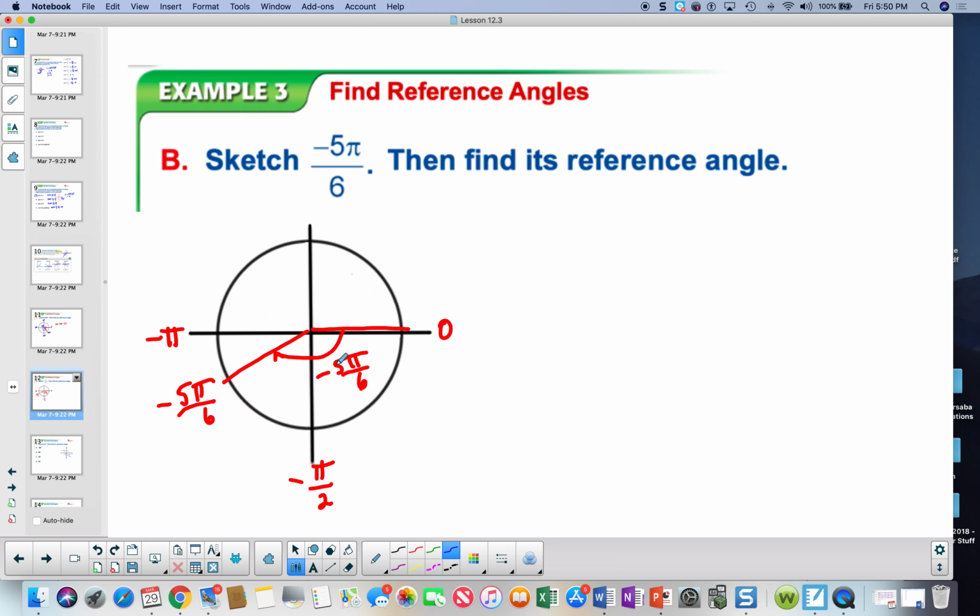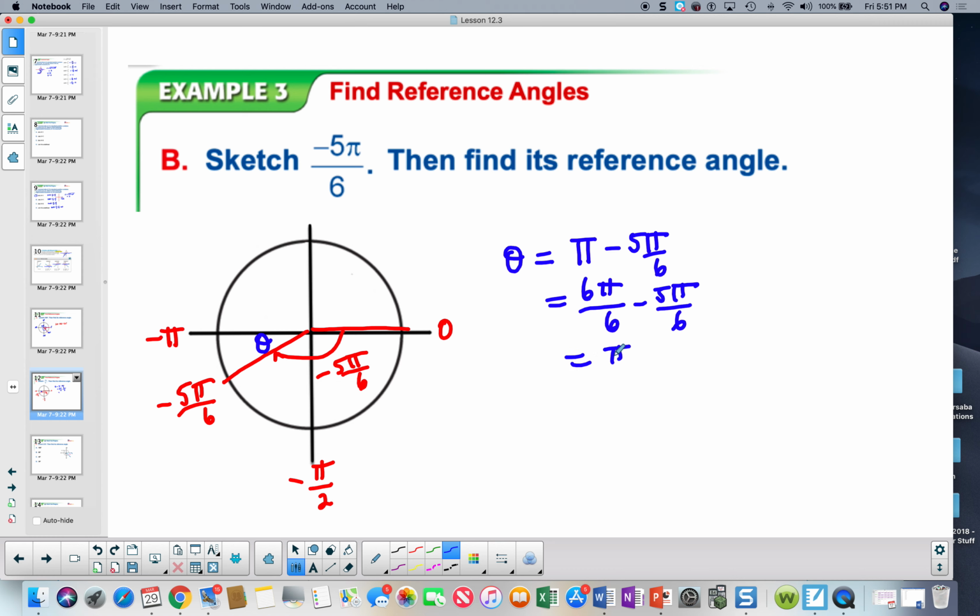Now my reference angle will be over here. This will be the angle I'm looking for, theta. To get theta, I'm going to take pi and subtract 5 pi over 6, so I can see the leftover to get to pi. This is 6 pi over 6 if I get a common denominator, and then the answer is pi over 6.